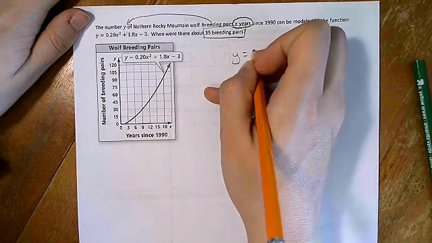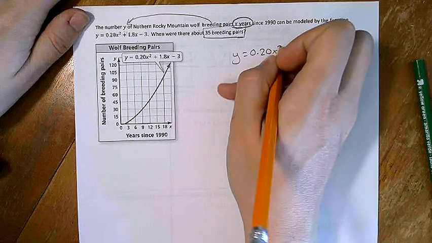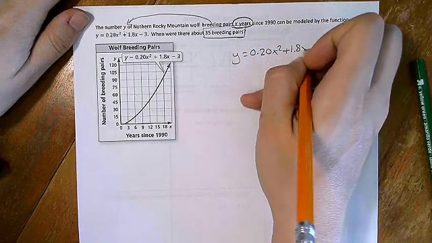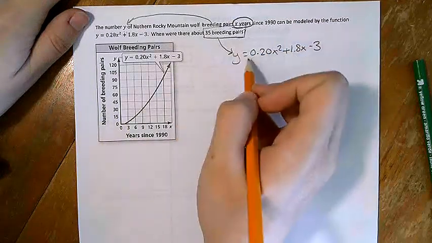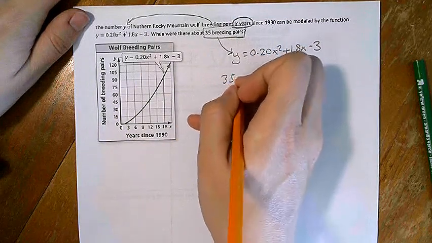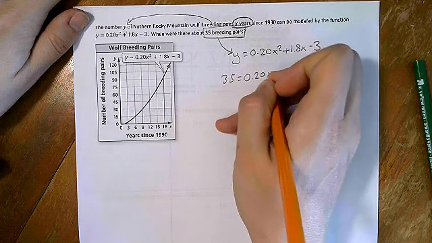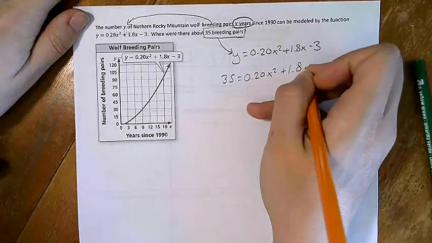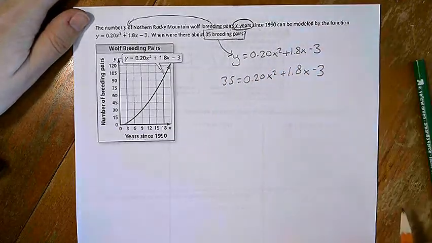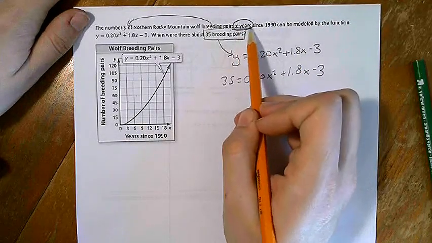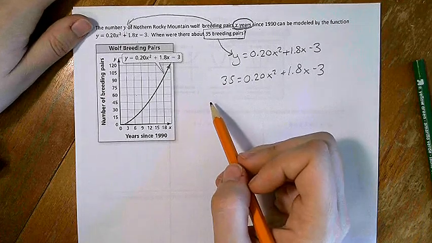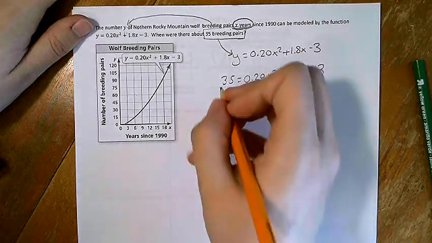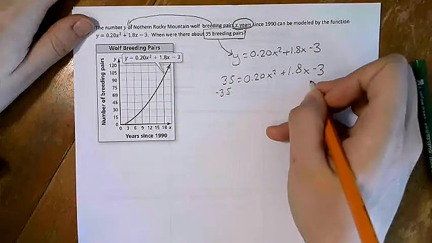So we've got y equals 0.20x squared plus 1.8x minus 3. So I need to plug in 35 for my y. So now I have 35 equals 0.20x squared plus 1.8x minus 3. It's asking me to find x. Well, I'm going to use the quadratic formula to solve this. First, I need to move my 35 over.